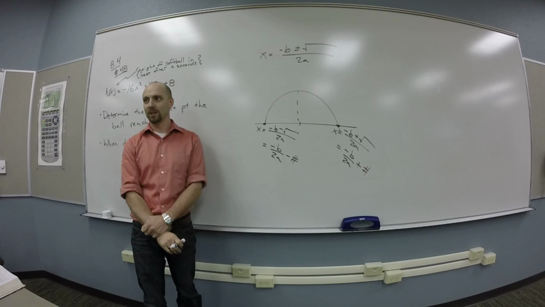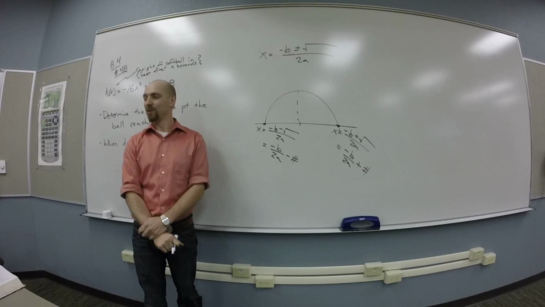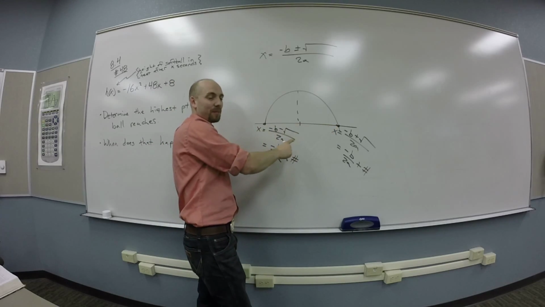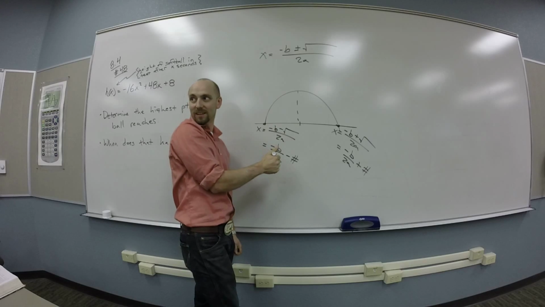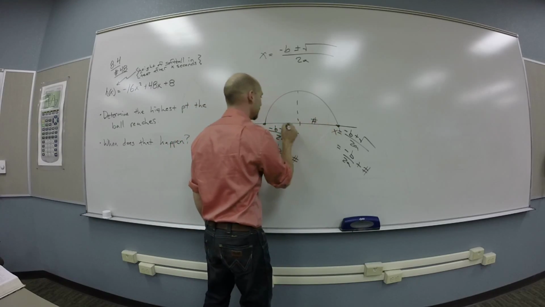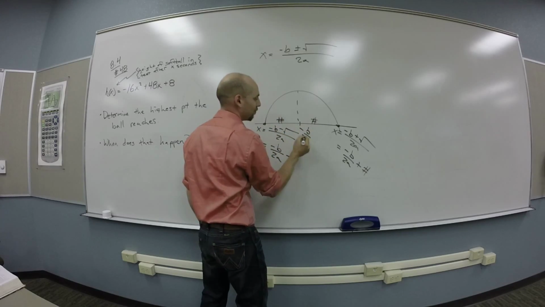Now it's halfway in between. Negative b over 2a. You see that? Because it's the number from this side and the number from that side. So really this distance is that number and this distance is that number. So this middle point happens at negative b over 2a.